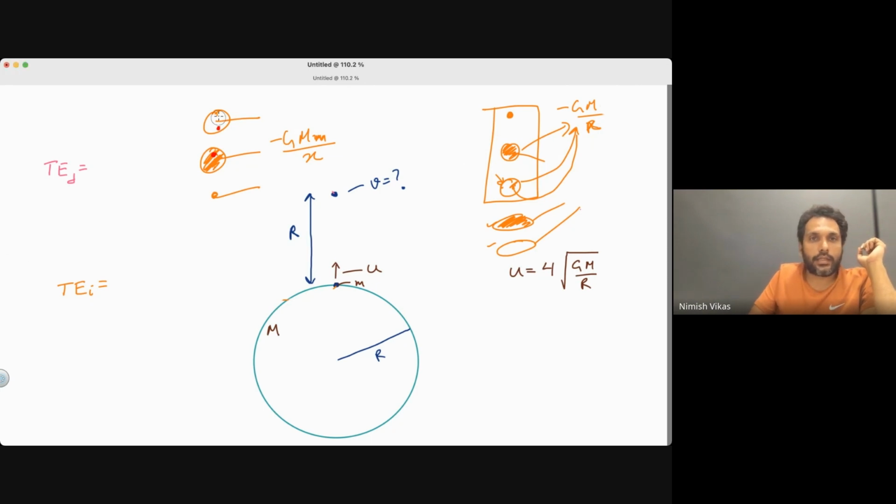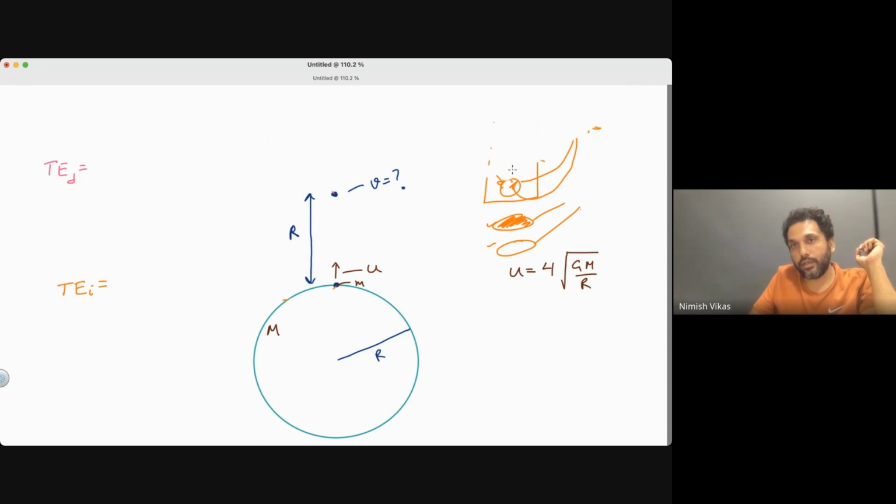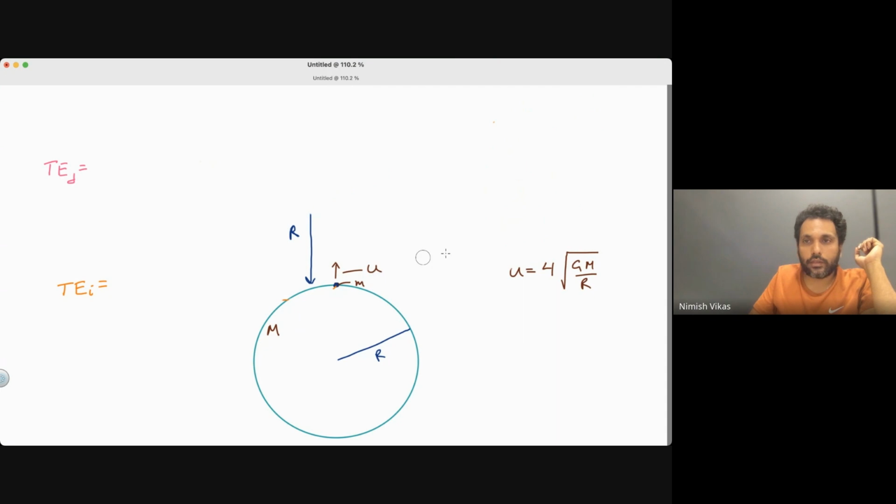Now, I'm not going to dig a tunnel and test your formulas. I'm not going to test that today. I'm just going to test your concept today. So I'm going to ask you now that it was thrown with some velocity such that it reaches infinity.